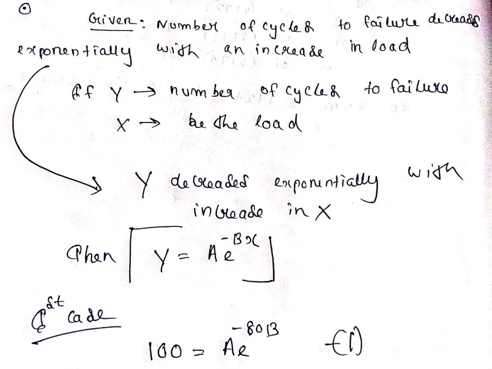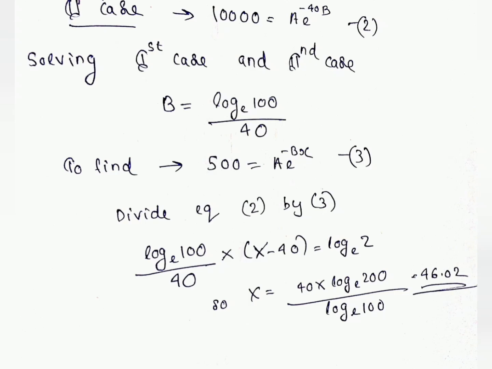First, they already told us that there are 100 cycles for 80 load. So 100 is equal to a e raised to minus 80b, the first condition, and the second condition, 10,000 is equal to a e raised to minus 40b. These are the two given conditions for the respective cycle and load.